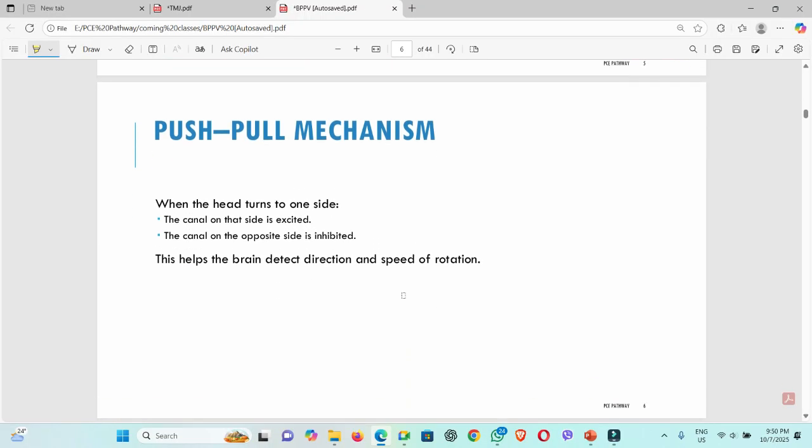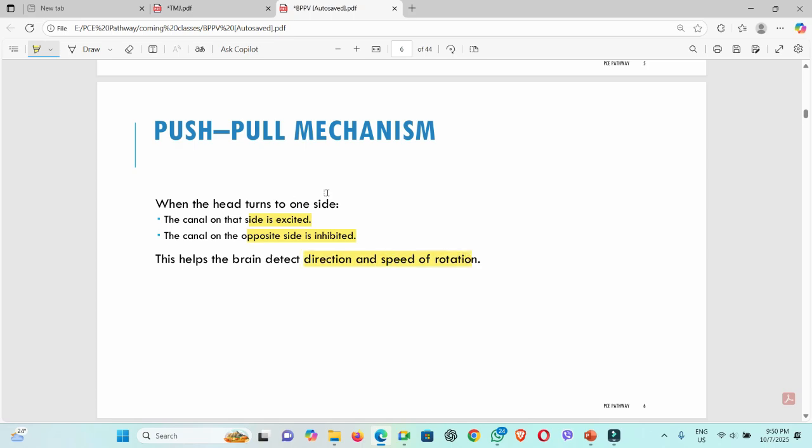What is push and pull mechanism? When the head turns to one side, the canal on that side is excited. The canal on the opposite side is inhibited. This helps the brain detect direction and speed of rotation. Simple, okay?